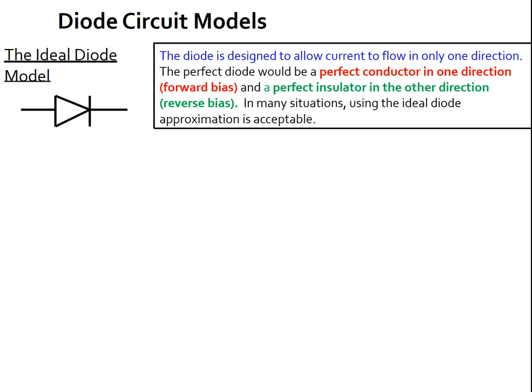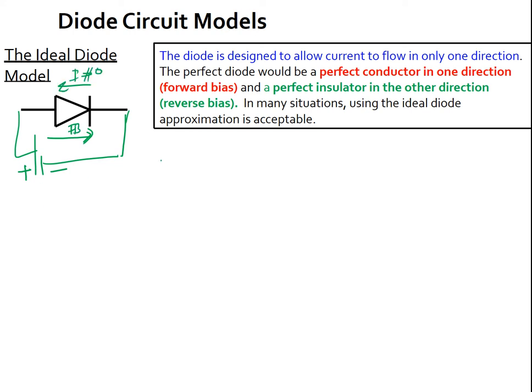So we know that the diode is basically a device where, as we learned last time, current flows in only one direction, the forward bias direction. If you connect the positive terminal of the battery here and the negative terminal here, the current will flow only in the forward bias direction. In the reverse bias direction there will be no flow of current.